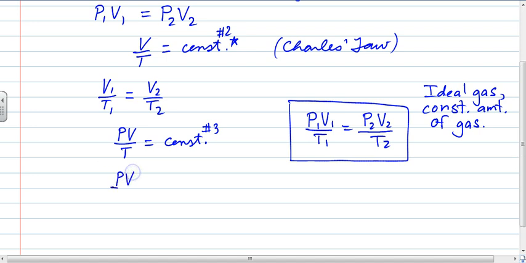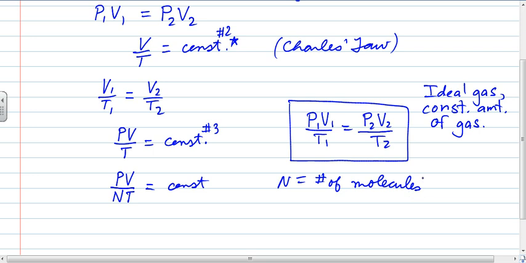We need to add in the number of molecules. So I can write it like this: PV over NT equals a constant. And so N is the number of molecules.